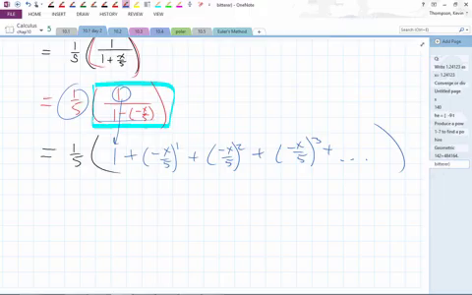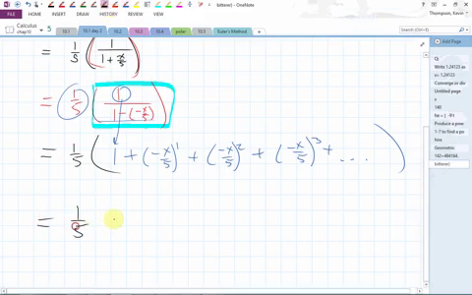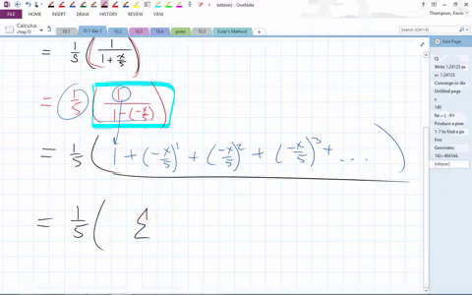Now, if you're asked for the summation notation, it's a little tougher. So let's do it. The 1/5 just sits there. This is the thing that's being added together, so that's what I'm going to try to write the summation for.